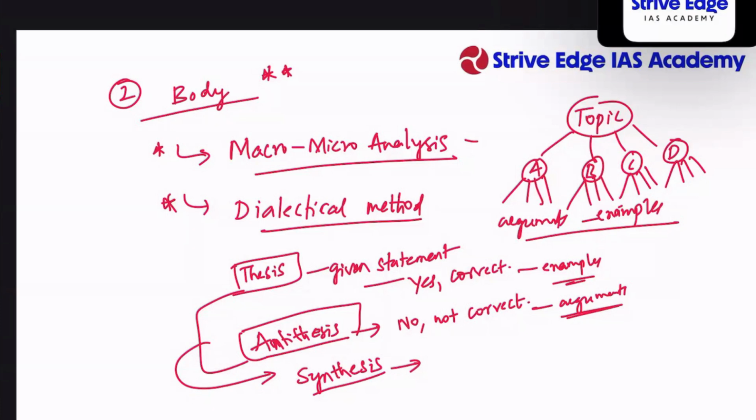Then the dialectical method: you take the thesis statement, that yes, the statement is correct, and write some arguments. Then you go for the antithesis, no, it is not correct, and make some arguments there. Finally you conclude with the synthesis, the middle path: yes, but some no for the statement. In this way you will be writing.